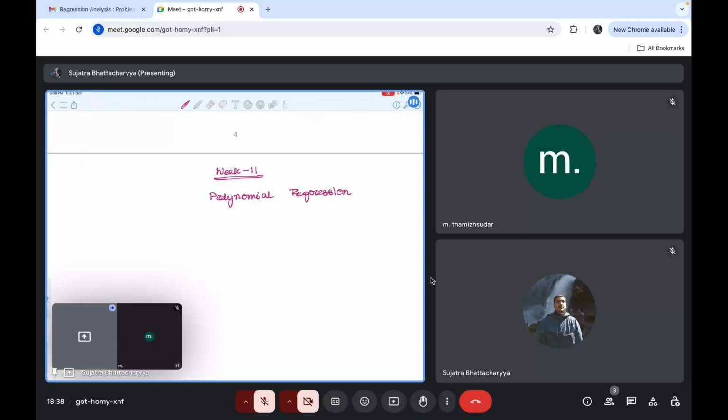So far, we were using either the simple linear regression model or the multiple linear regression model. We have not introduced the x squared term or x cube term in the lectures we have seen so far.